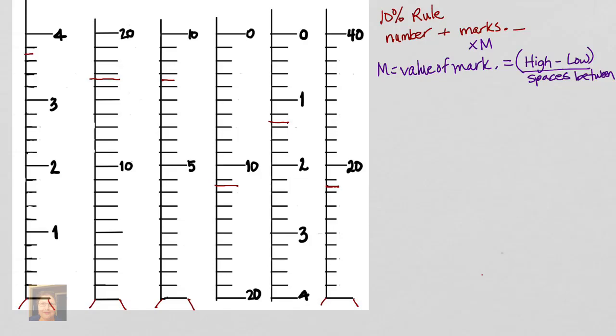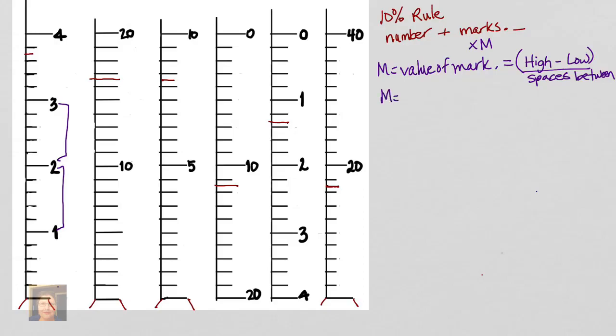In our first measuring device, this is sort of what a 10 mil graduate would look like. We have a series of numbers, and what we want to do is find two adjacent numbers. Doesn't matter which two. I could choose the numbers 2 and 1, or I could choose the numbers 3 and 2. It doesn't really matter.